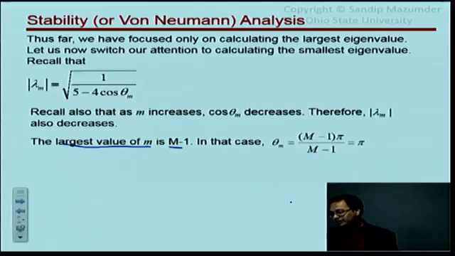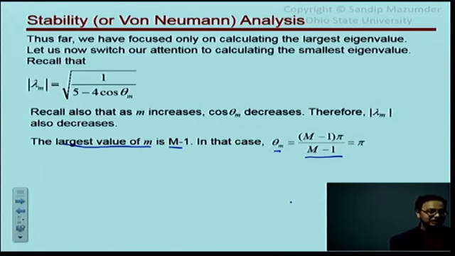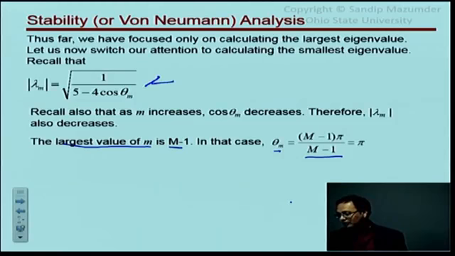Therefore theta m is m minus 1 pi over m minus 1, which is pi. The interesting finding here is that it is independent of mesh size. As long as we retain the same iterative scheme, Gauss-Seidel, this formula will be valid, and all we are going to do is use pi for theta m.